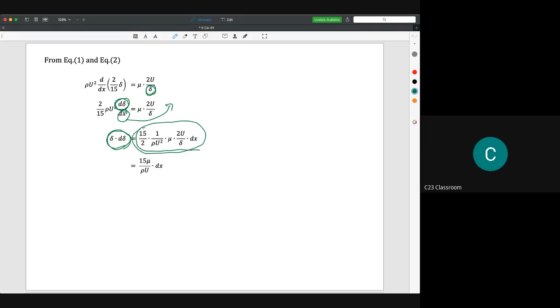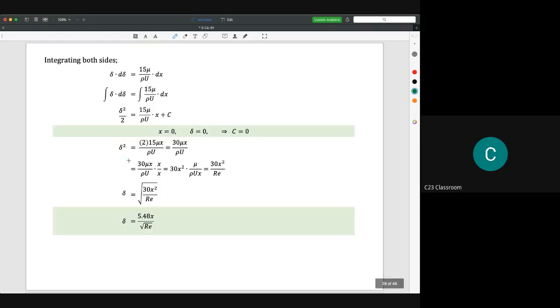So now we could simplify this to become 15 mu over rho U dx, and this is delta d delta. So then you know what to do, because we have d delta at the left and we have dx at the right. So we integrate both sides.